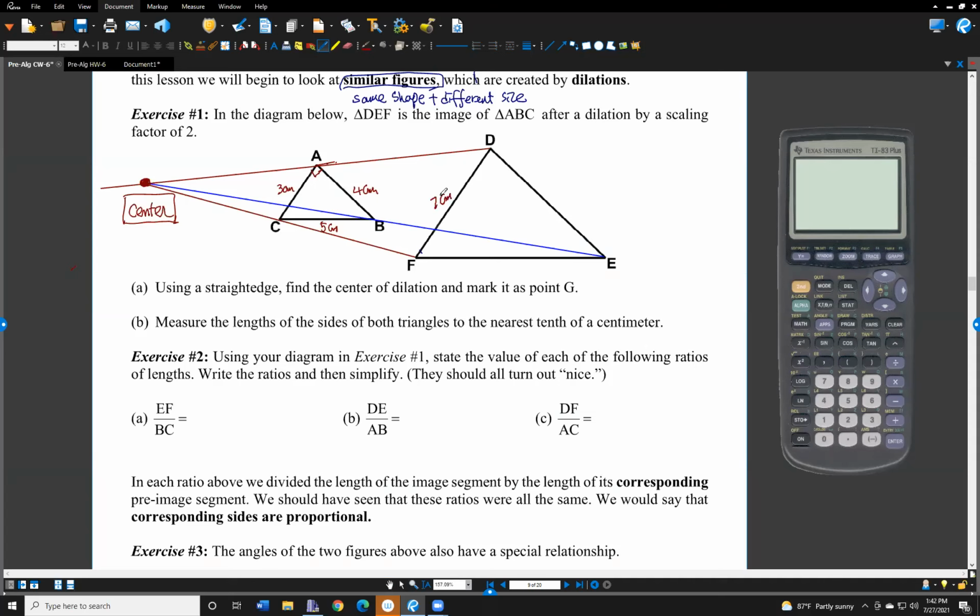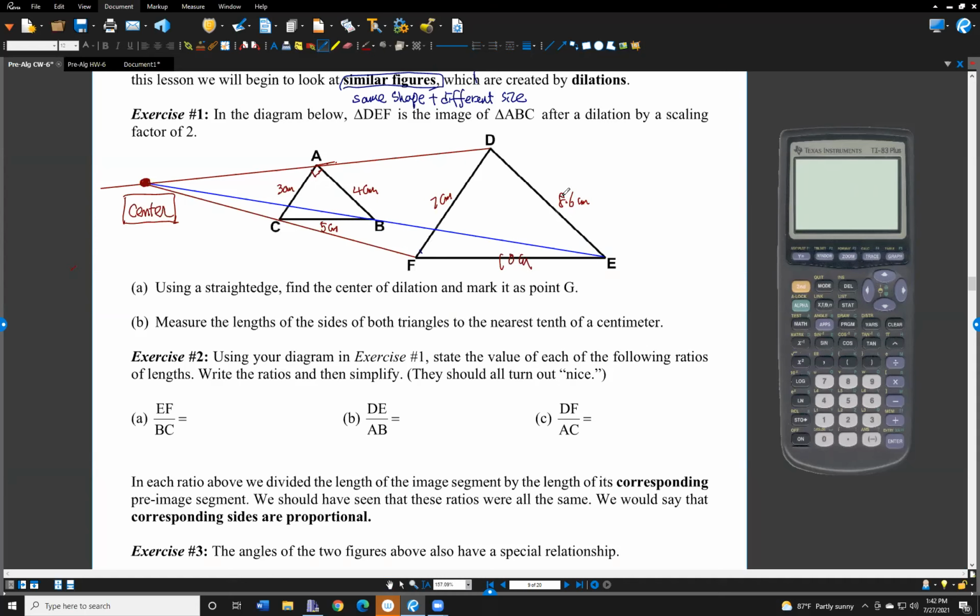Wow, this is not twice. The next one will be 8.6 centimeters. Wow, a little more than twice. This is almost 10 centimeters.